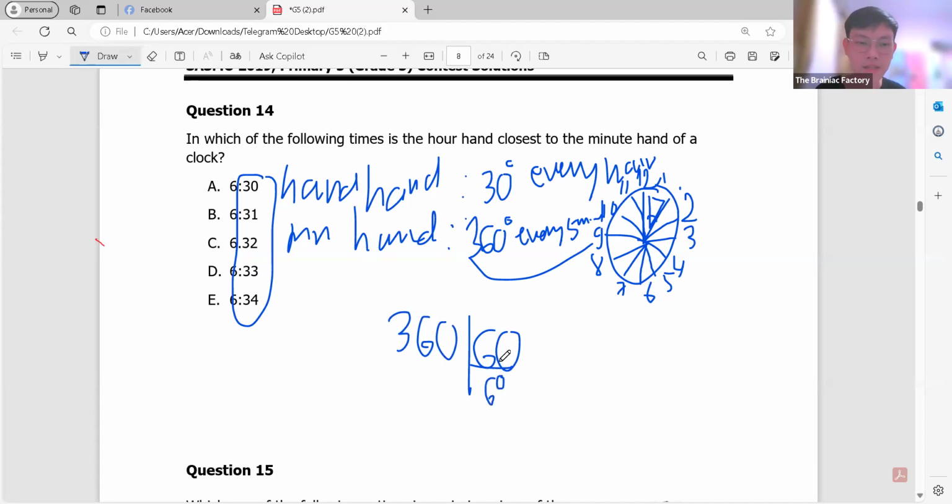So that means every minute the minute hand is gonna move 6 degrees.